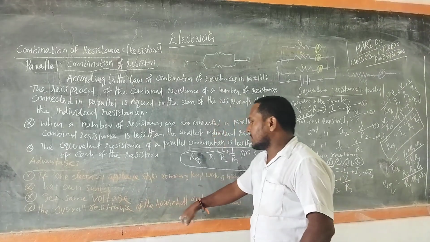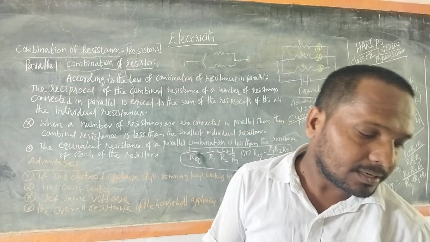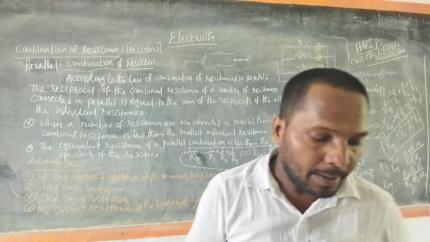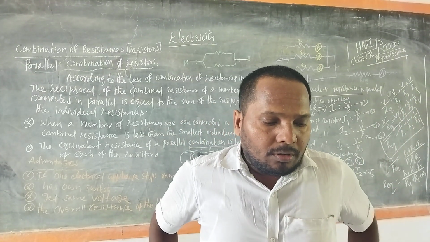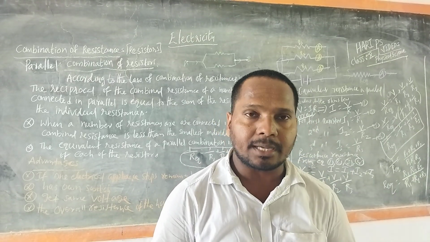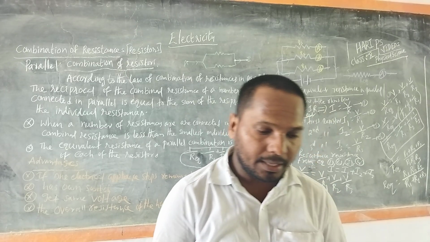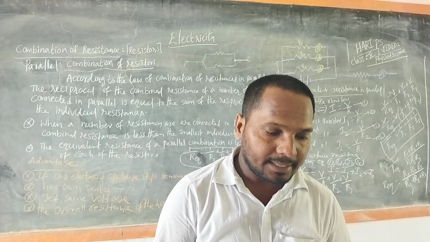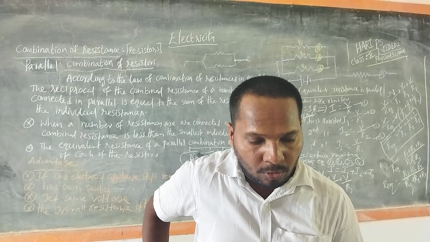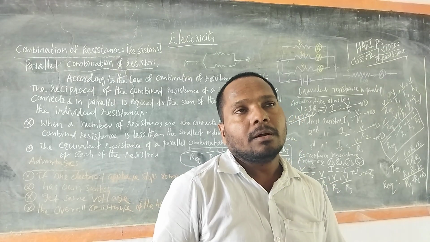The overall resistance of the household appliances is reduced in case of parallel. So each electrical appliance gets the same voltage as that of the power supply line. Due to this, all the appliances will work properly. For example, all the bulbs connected in the parallel circuit get the same voltage of 220 volts of the power supply line and hence glow brightly.